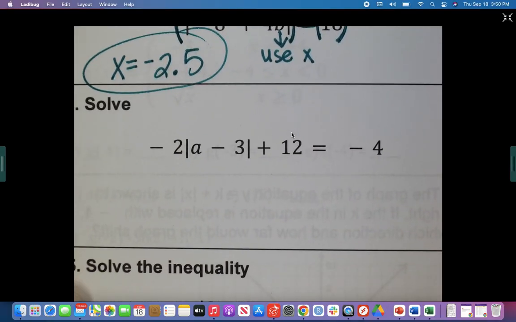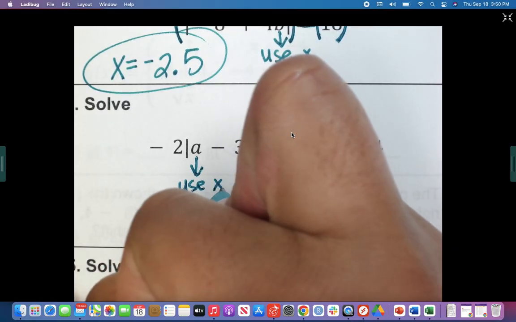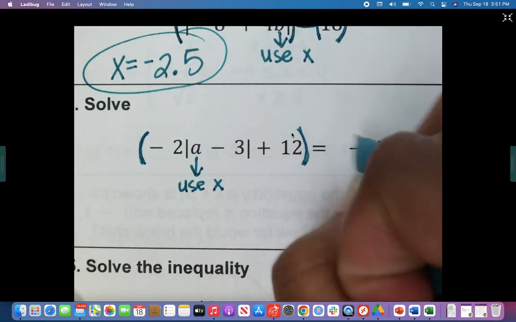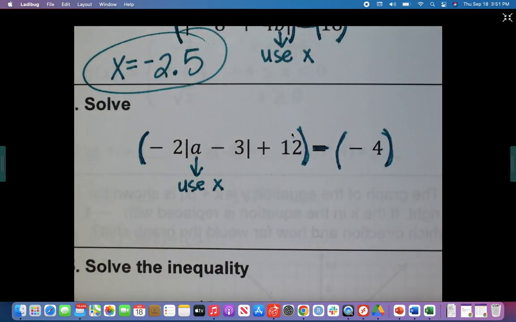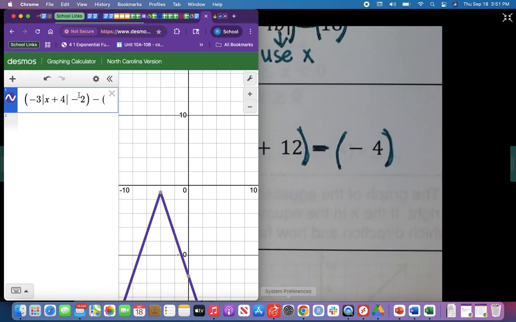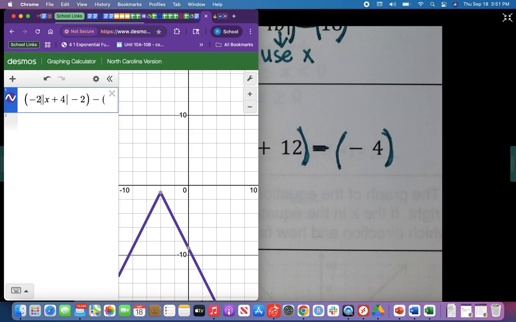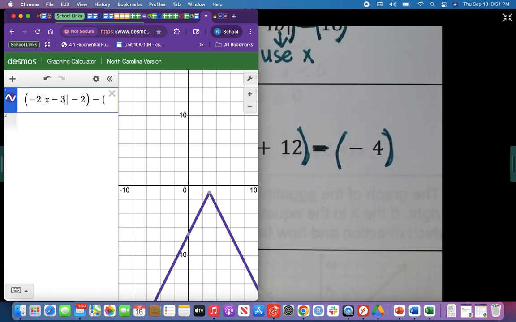All right, and then same thing on number 3. So we are solving this. They use A, so we need to use x. So again, everything on the left goes in parentheses. Everything on the right goes in parentheses. Equal sign becomes a minus. So I'm going to type that in. So -2, absolute value of x minus 3 plus 12.